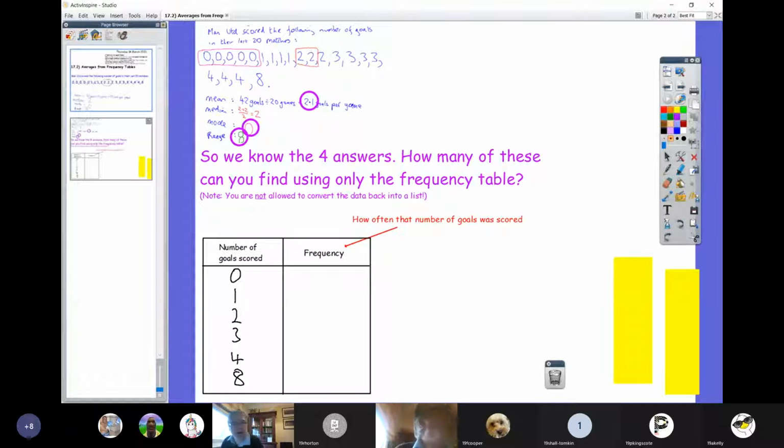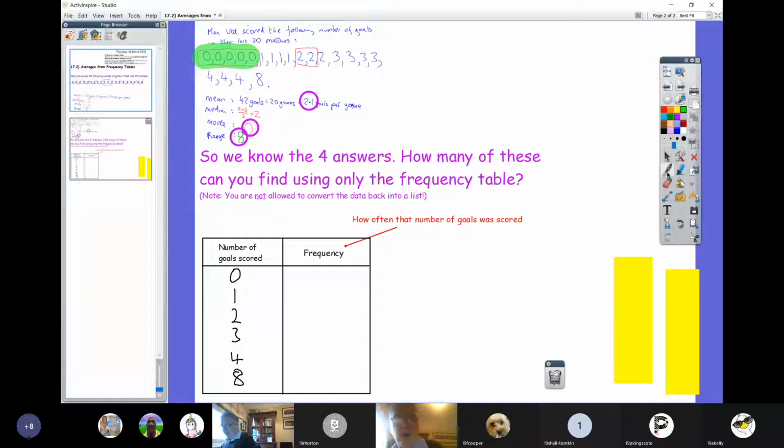Well, that's what I'm highlighting at the top in green in a minute. And that's going to be 5 occasions. On 5 occasions they scored no goals. So I'm going to put 5 into the frequency column.